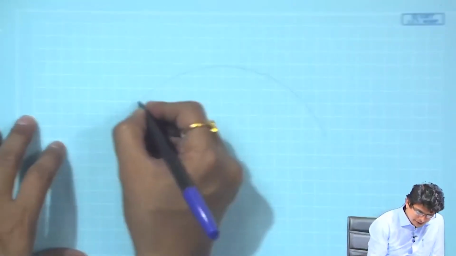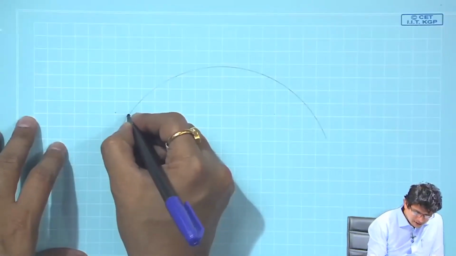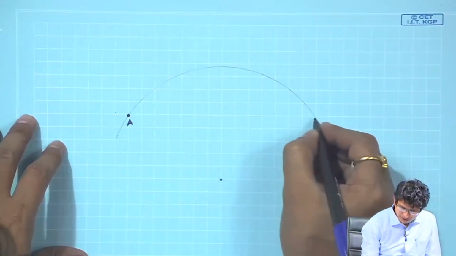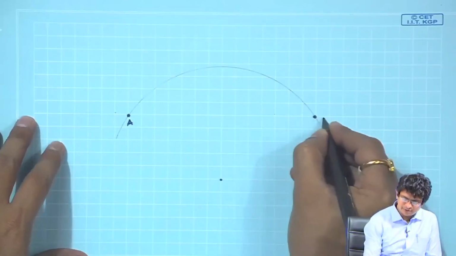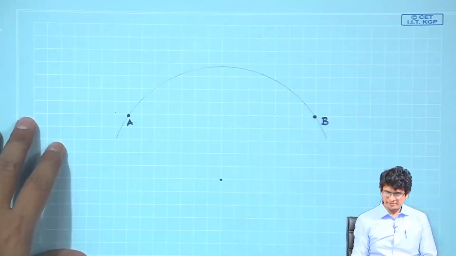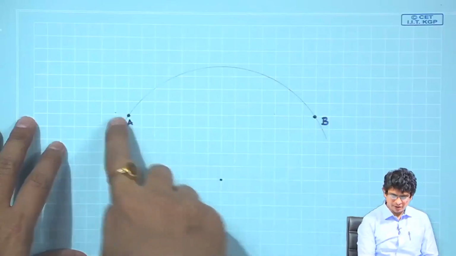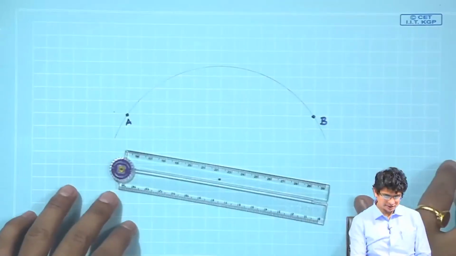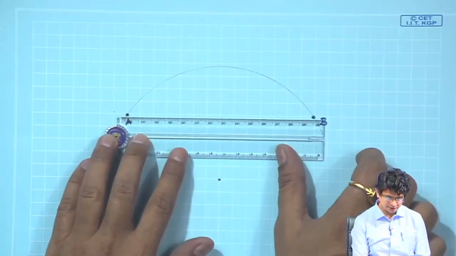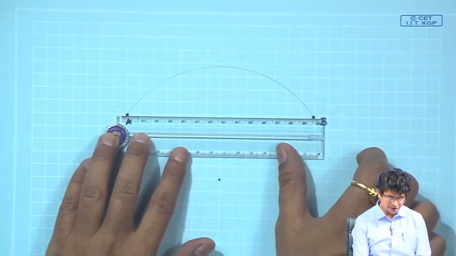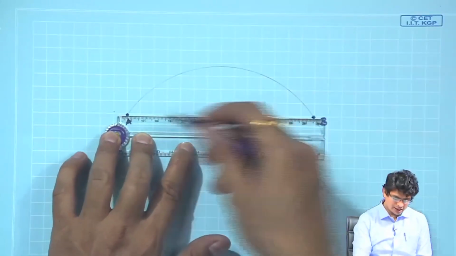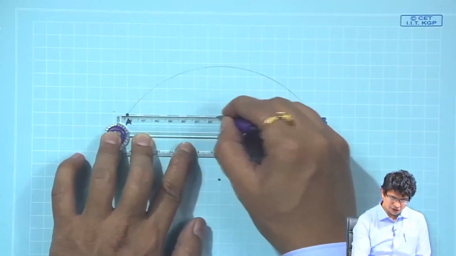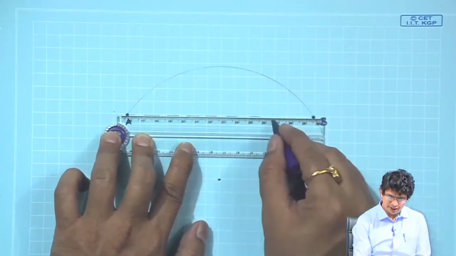Let us call some point A. Let us call another point B, and this arc from A to B we would like to bisect. So, first step, construct a dashed line joining A and B points.